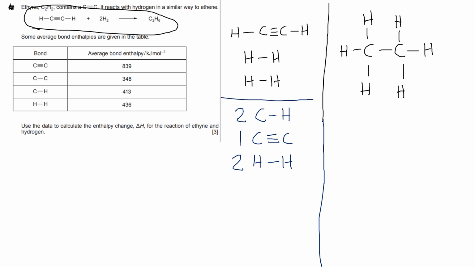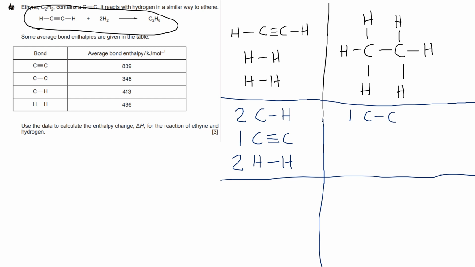I'm just breaking it up into sections here. Whereas for ethane, which is the product, you've got 1 carbon-to-carbon bond and 6 carbon to hydrogen bonds. Now hopefully you could see that without having to draw it out like that, but it's probably helpful to get it laid out, especially with more complicated examples. They might not give you the full displayed formulae, especially if it's something you're expected to know from your organics.